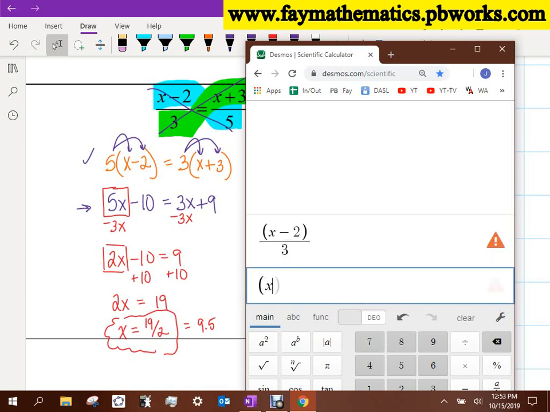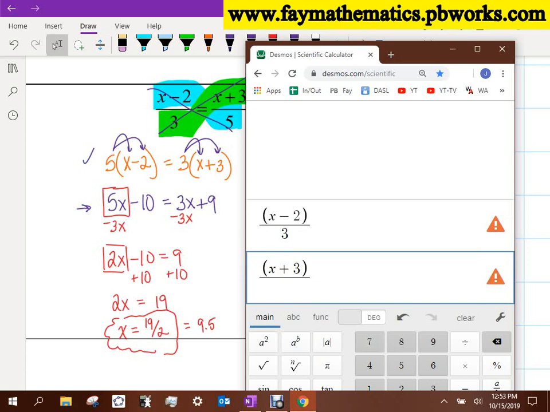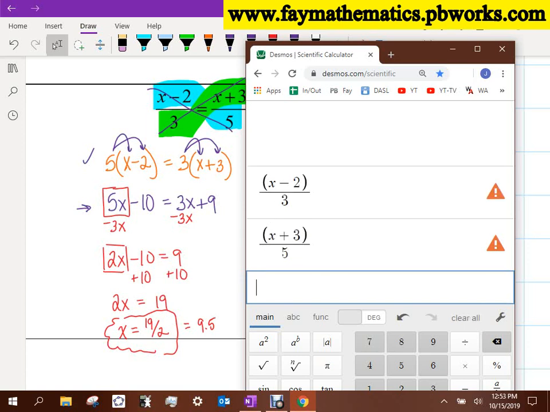And we'll type in the right-hand side as a new line, x plus 3 over 5. Now, it puts these error or caution signs here because it doesn't know what we want x to be. Well, don't we want x to be 19 over 2?